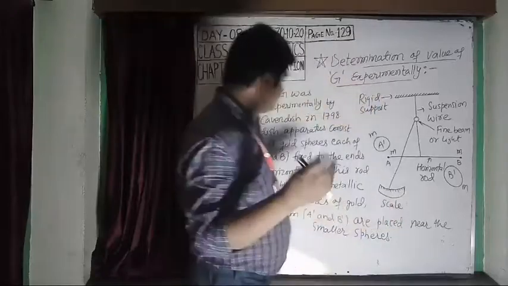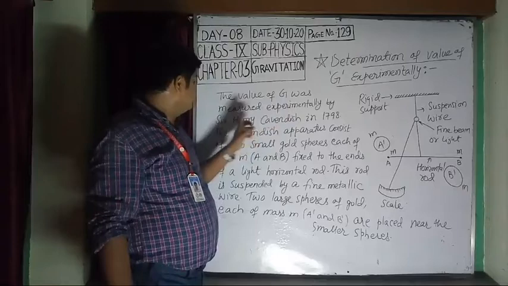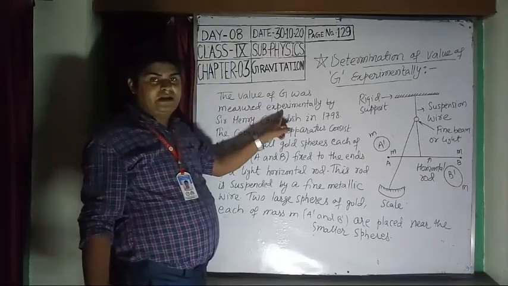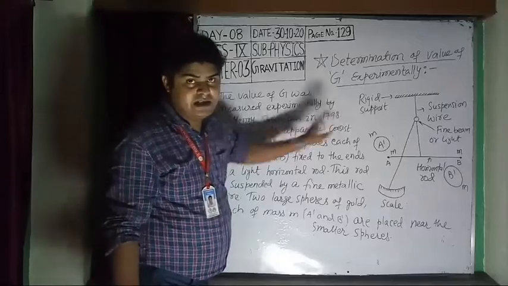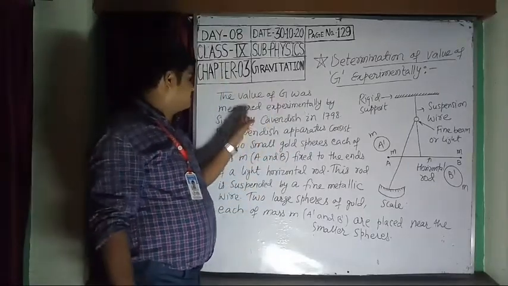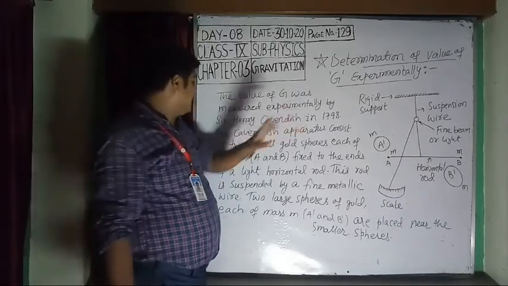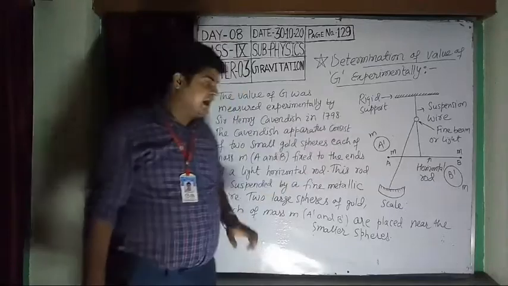The value of capital G was measured experimentally by Sir Henry Cavendish in 1798.